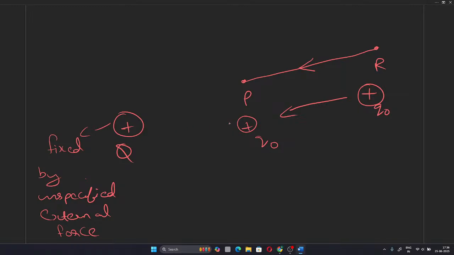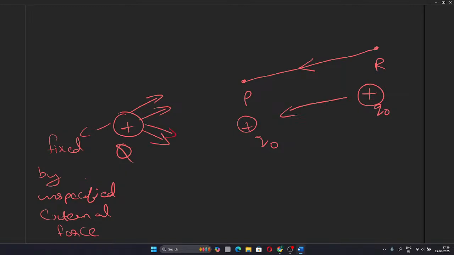because when we bring two repulsive charges together, this charge should get displaced in this direction, but that doesn't happen because this charge is fixed in that place. Or another scenario is where this test charge Q naught is very, very minute compared to this capital Q or main charge. But let's just assume that this plus Q is fixed at that position, and we are bringing this Q naught charge from R to P, and there is an electric field.